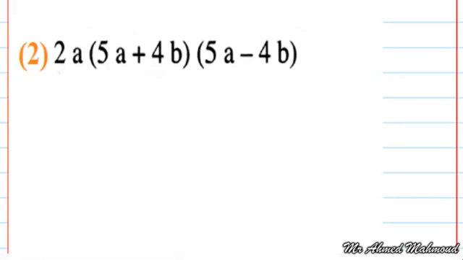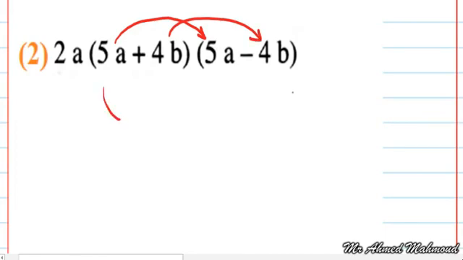Then first I'm going to multiply 5a plus 4b times 5a minus 4b. This is a special case. 5a times 5a and 4b times negative 4b.